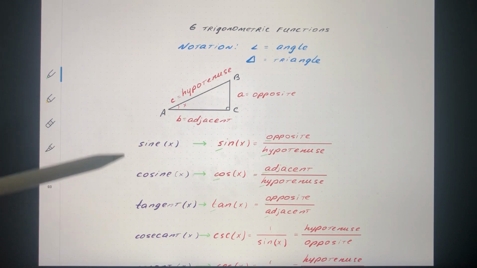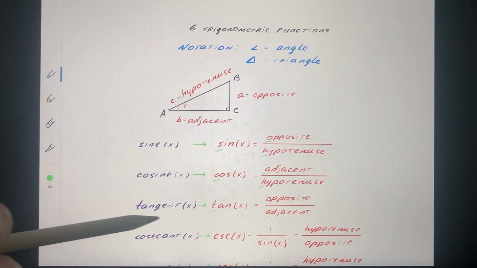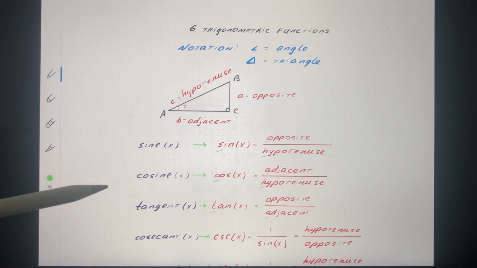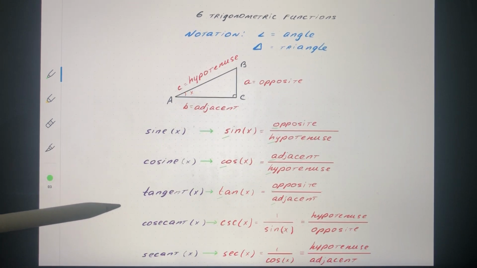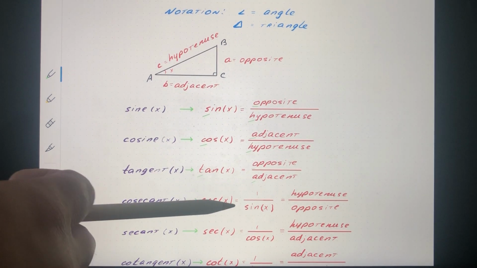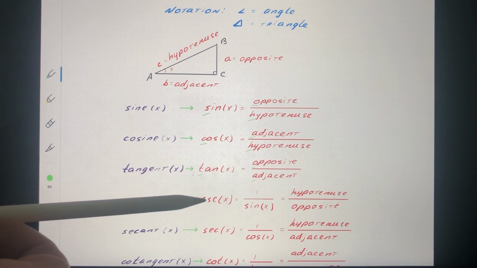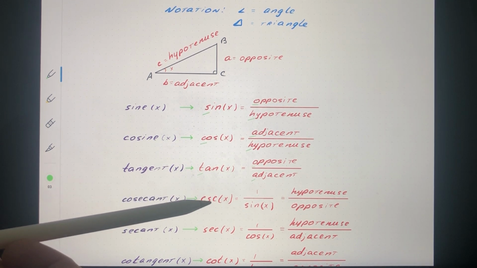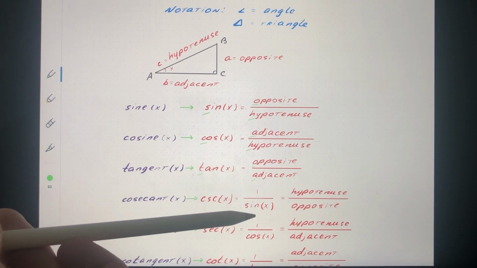Now these 3 are the main 3 functions, and most of the trigonometry is going to be based on these 3 functions. The other 3 are made up of dividing the sides backwards. So the cosecant of x is 1 divided by sine. And personally, I remember the s in the middle, that is the one that has the sine, 1 divided by sine.